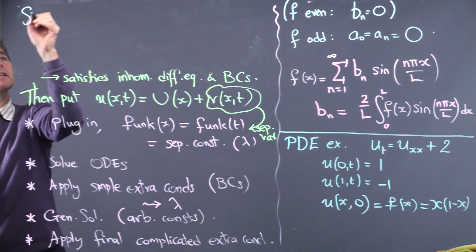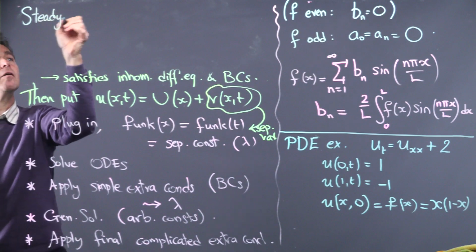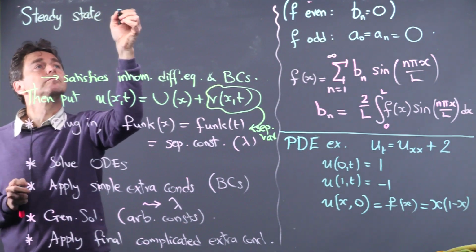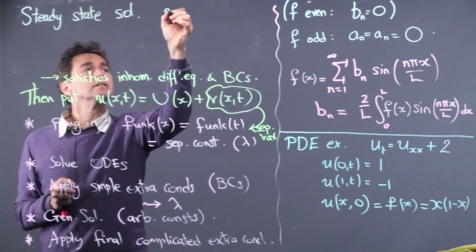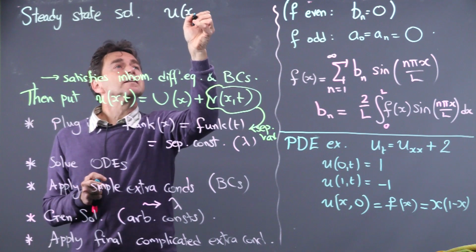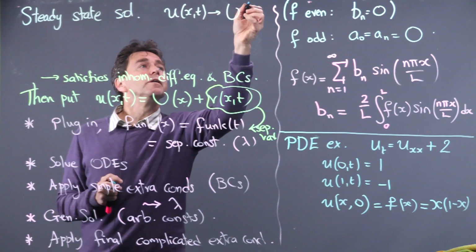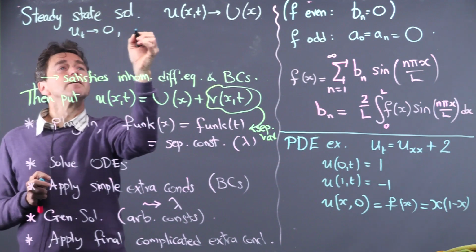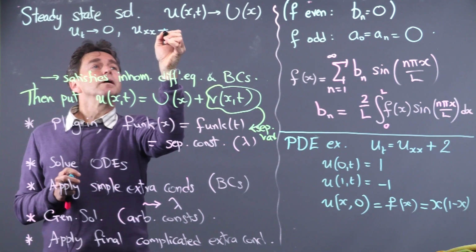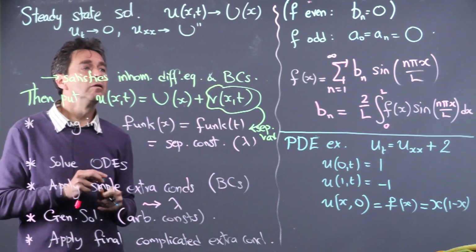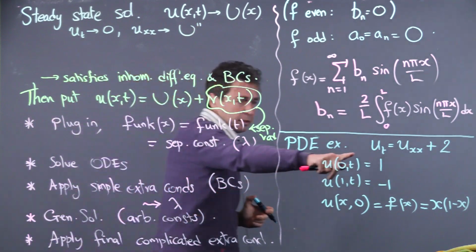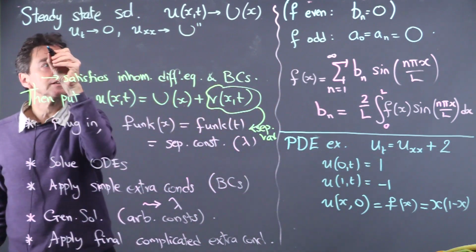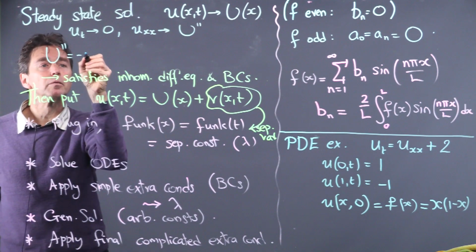So that says that u of x and t becomes big U of x. That means that du by dt goes to 0. u_xx becomes U prime primed. And here's my PDE, so that just simply says that U prime primed is equal to minus 2.